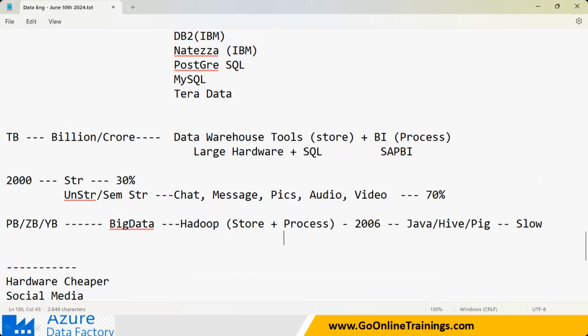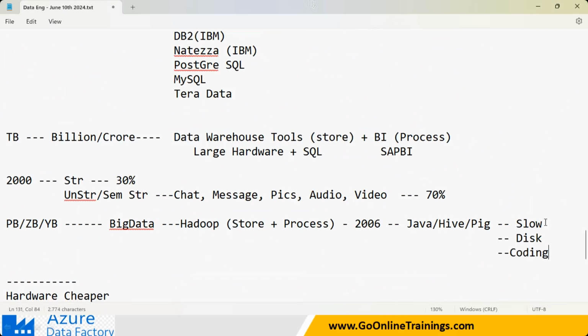Large amount of data means the computer has to store all the data in the hard disk. Clear? If you have petabytes or zettabytes of data, where will you store it? In the disk. Because of that, it is a slow disk and people used to write a lot of coding.